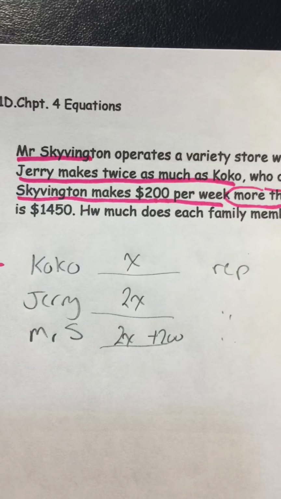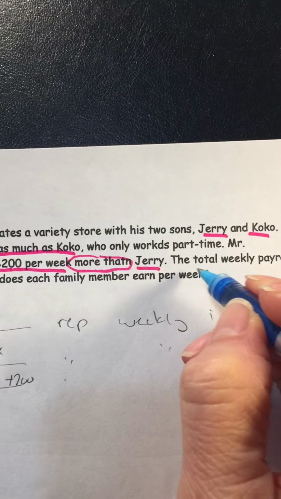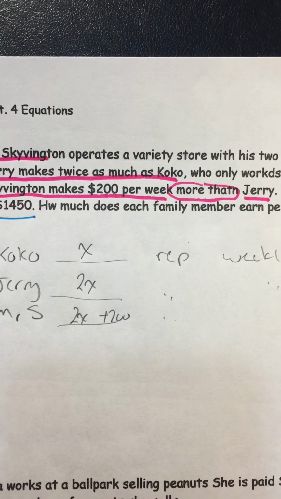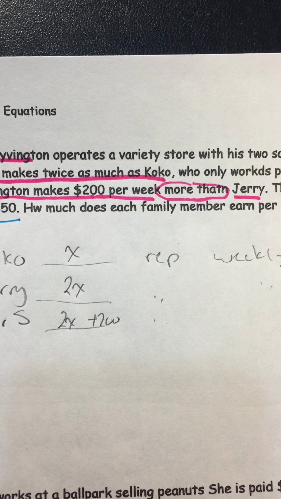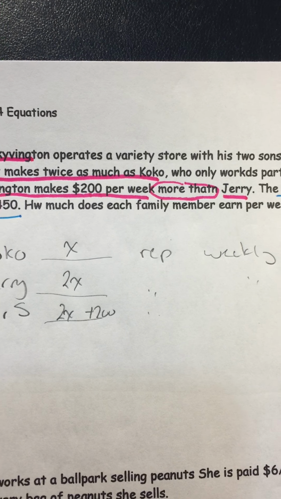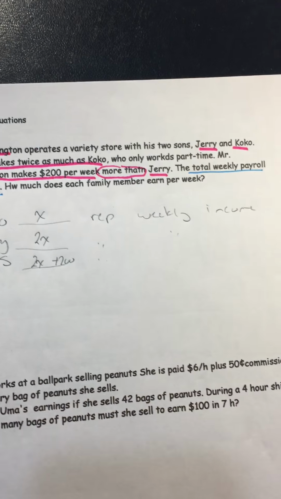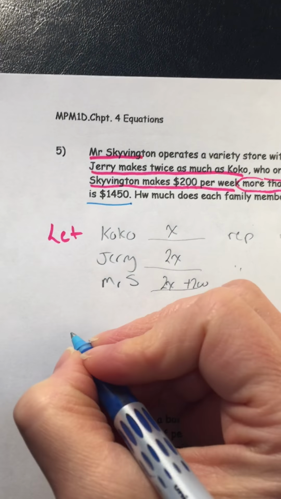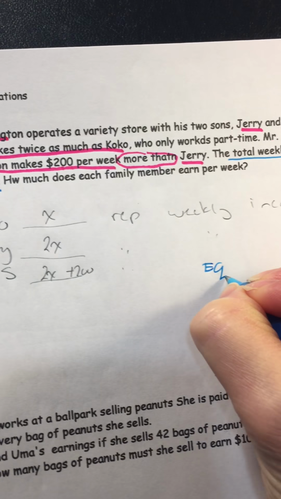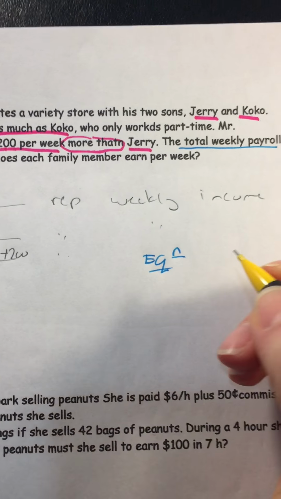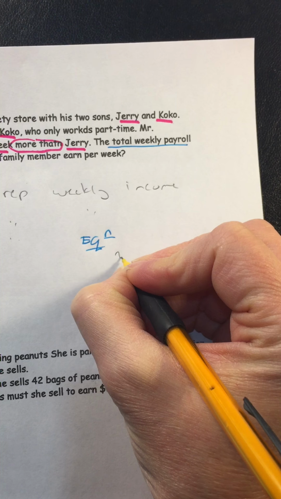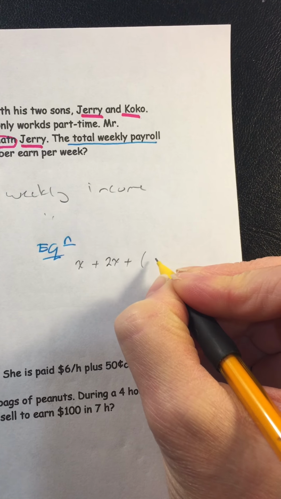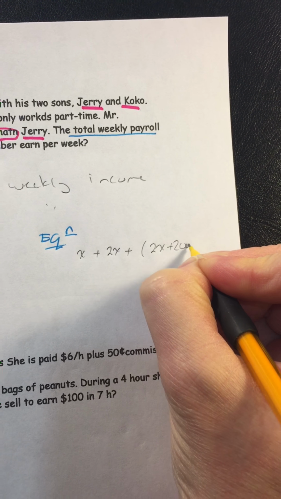And then it tells us in the sentence, the rest of it says, the total weekly payroll is $1,450. Well, if you want to know how much you have to pay 3 people, you just add up the amount you pay each person together. So my equation is simply add up Coco plus Jerry plus the dad, in brackets to hold the whole person together.